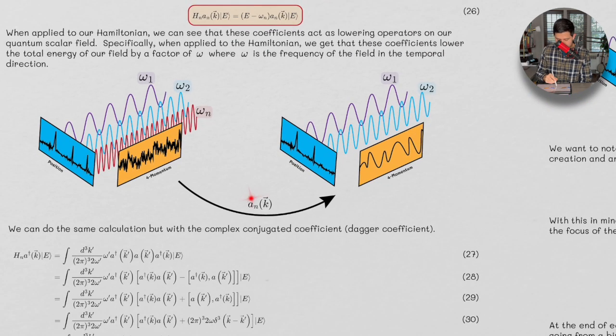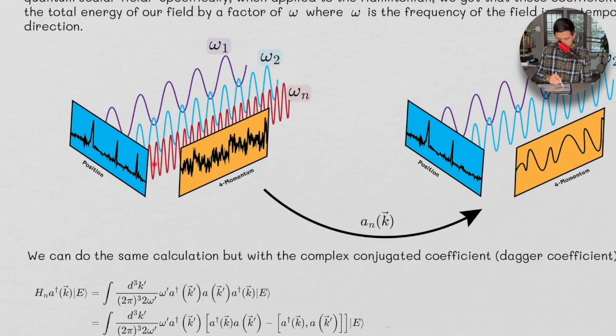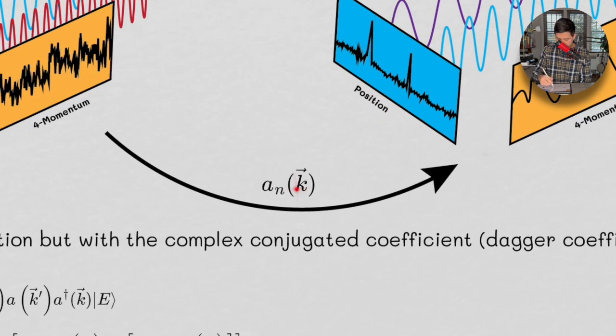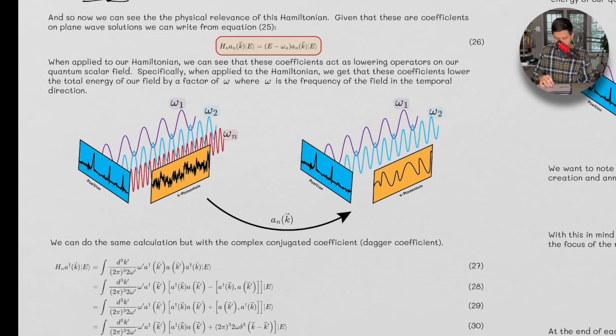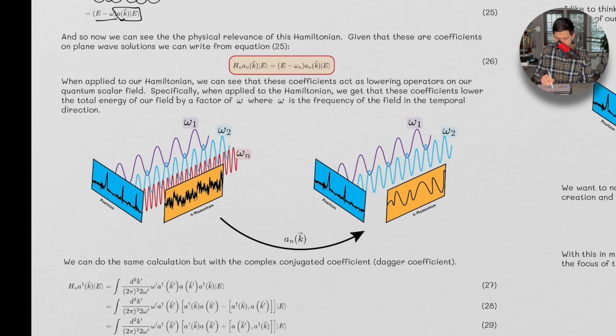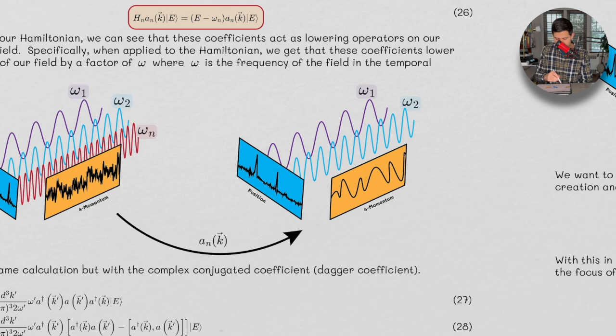When we apply a, n, k, we're taking the wave of spatial frequency k, okay, and we take that out, right? Because we're taking out the energy by a factor of omega. So we can take it out by a factor of omega n here.